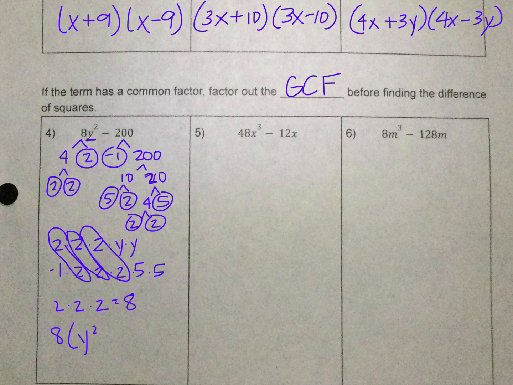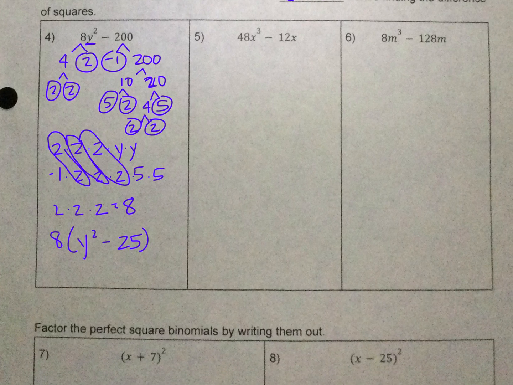And left on the bottom, negative 1 times 5 times 5 is negative 25. Now, I'm going to do what I just did a second ago: y, 5, 5, 8 goes in the front, y plus 5, y minus 5.